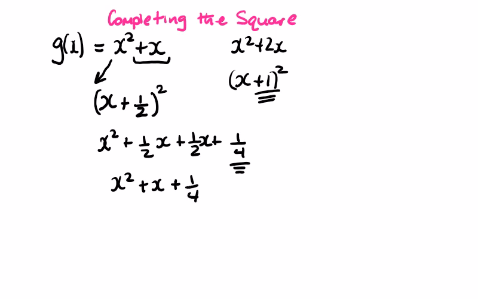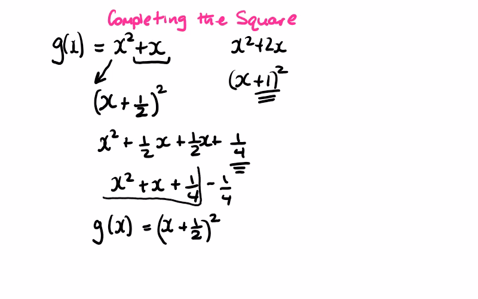Now, that's not what g of x is. g of x is equal to x squared plus x. So I would have to take away a quarter here to balance it off. So you can see that g of x could also be written as x plus a half, to be squared, which will give you the x squared plus x plus a quarter, minus a quarter.